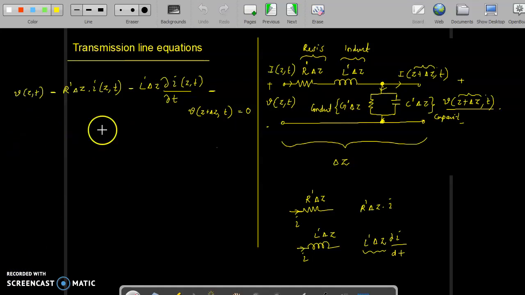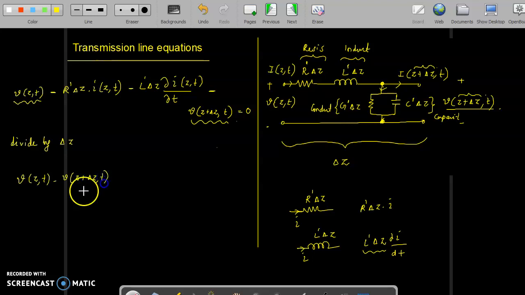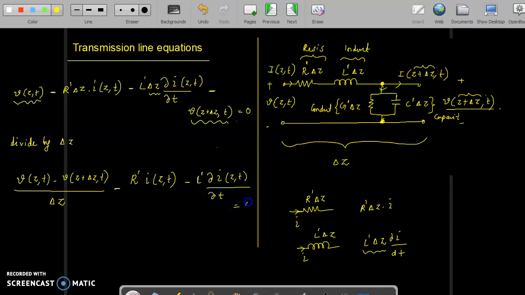Now I am going to divide this complete expression by delta Z. We can combine these two terms, V of Z comma T minus V of Z plus delta Z comma T, over delta Z. Here there is a delta Z which will get cancelled, so the next term becomes R dash I of Z comma T, and for the inductance term another delta Z gets cancelled, so L dash partial derivative of I of Z comma T with respect to time, is equal to 0.